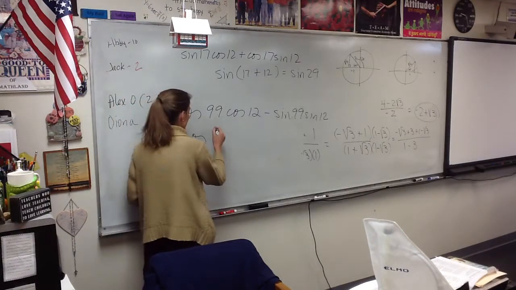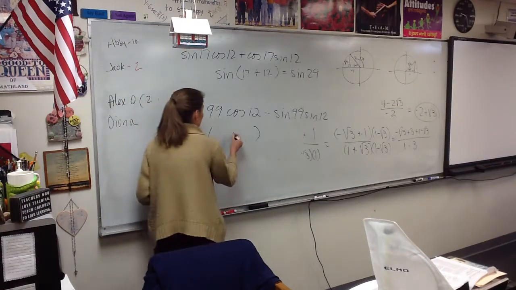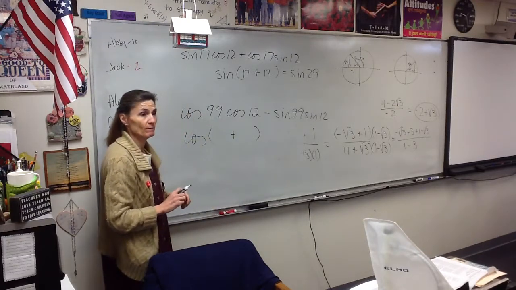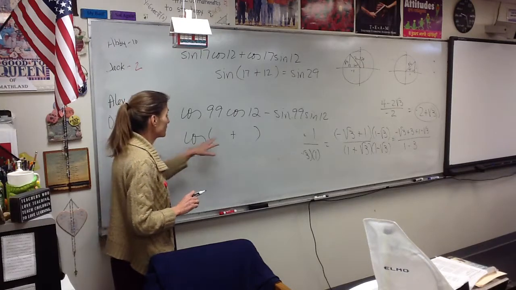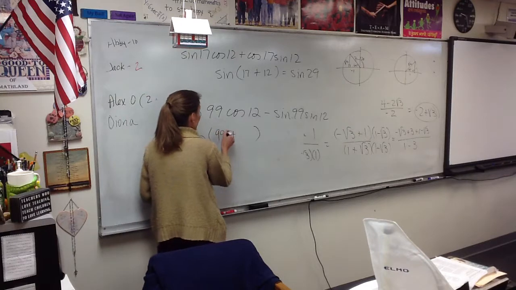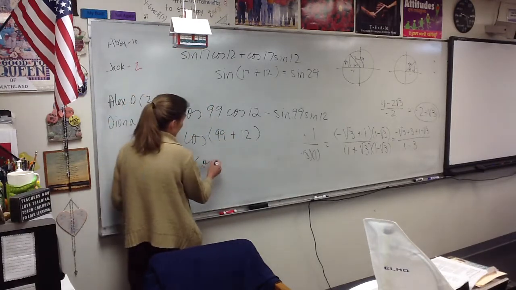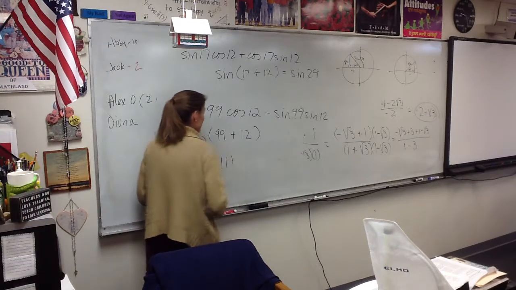Look at your list. A sum or a difference? Sum. Remember with cosine formulas, they're different. So this is the formula for the cosine of a sum. The sum of what? 99 and 12. So this is a formula for the cosine of 111.